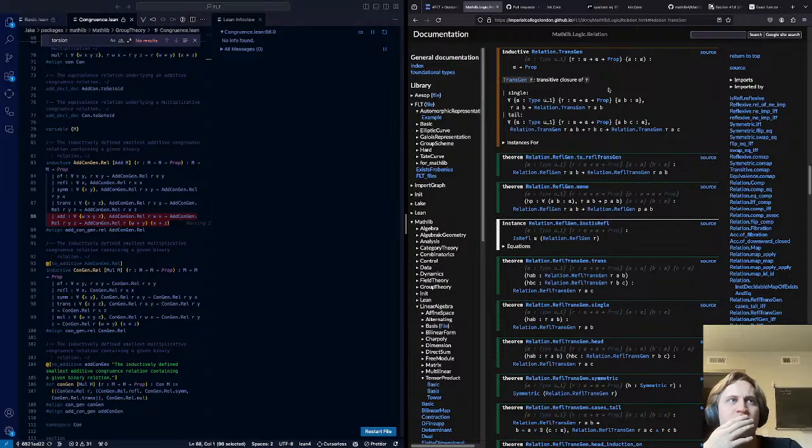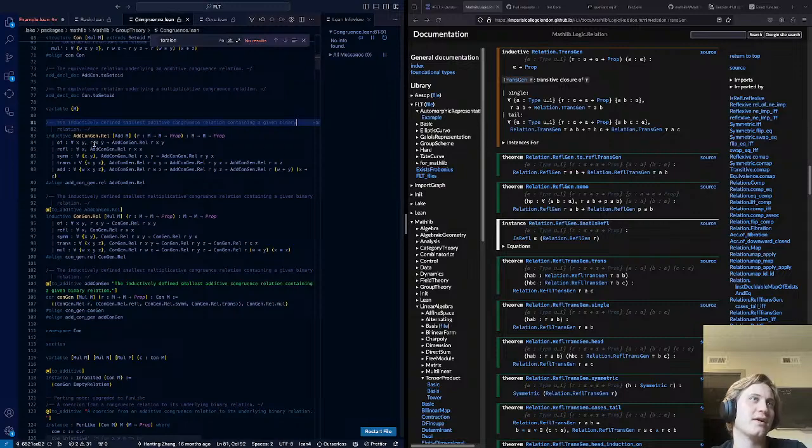What I'm looking at is: additive congruence relation, the inductively defined smallest additive congruence relation containing a given binary relation. First of all, this docstring is just wrong. It is not the smallest additive congruence relation containing a given congruence relation. Does that mean symmetrically transitively closed? Congruence relation.